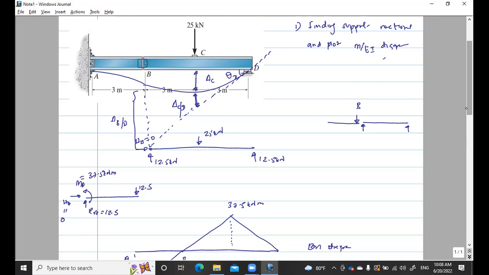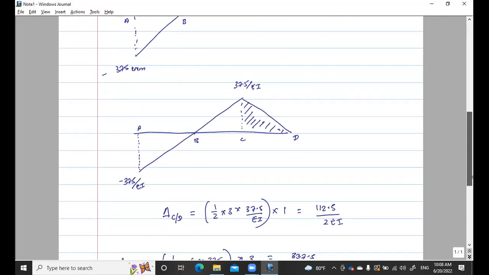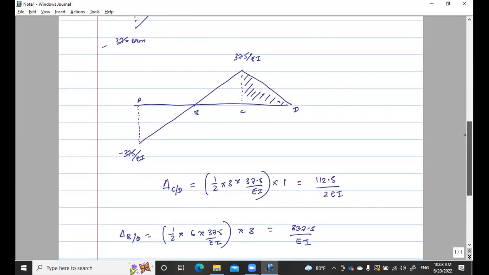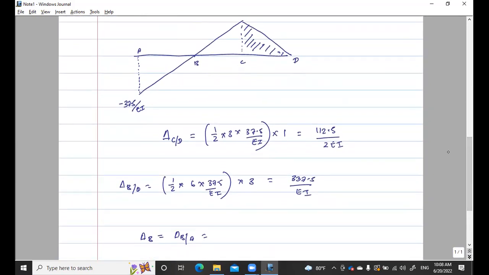So delta B is equal to delta BA, which is covered by the area between A and B and the distance to the centroid from B.